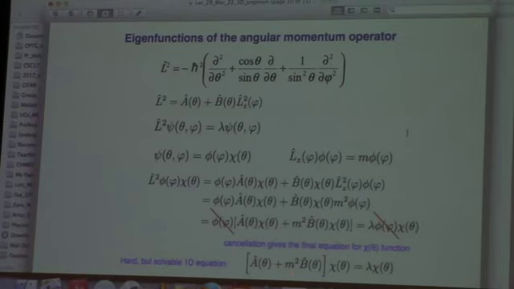That's the only trace of whatever function phi we decided to put in the product, through the eigenvalue of this problem, right?